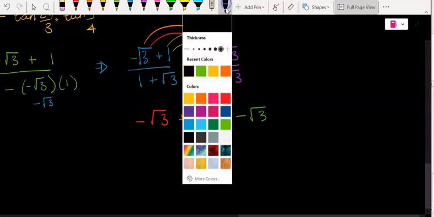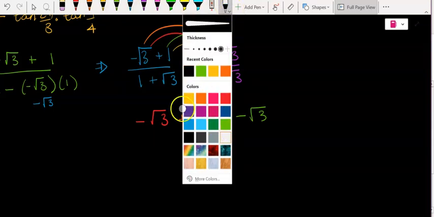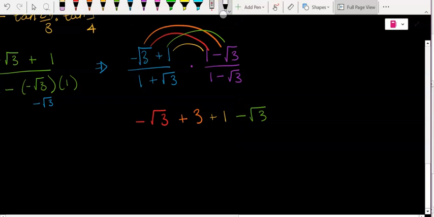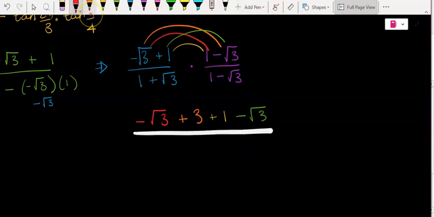And now I'm going to go ahead and get my denominator. I'll put a line there. To do my denominator, I'm going to do 1 times 1. That gets me 1. And then I'm going to do 1 times negative square root 3. That gets me negative square root 3. And then square root 3 times 1 gets me plus square root 3.